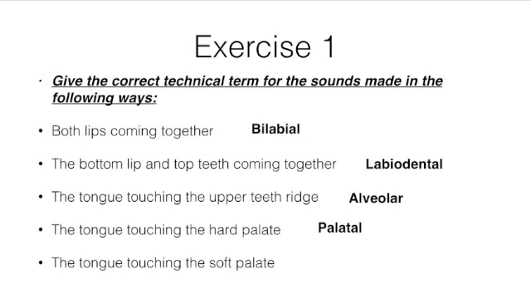The tongue touching the soft palate. Velar. So these are the answers for these words. You can have it in one way, okay? This is one way of having it.